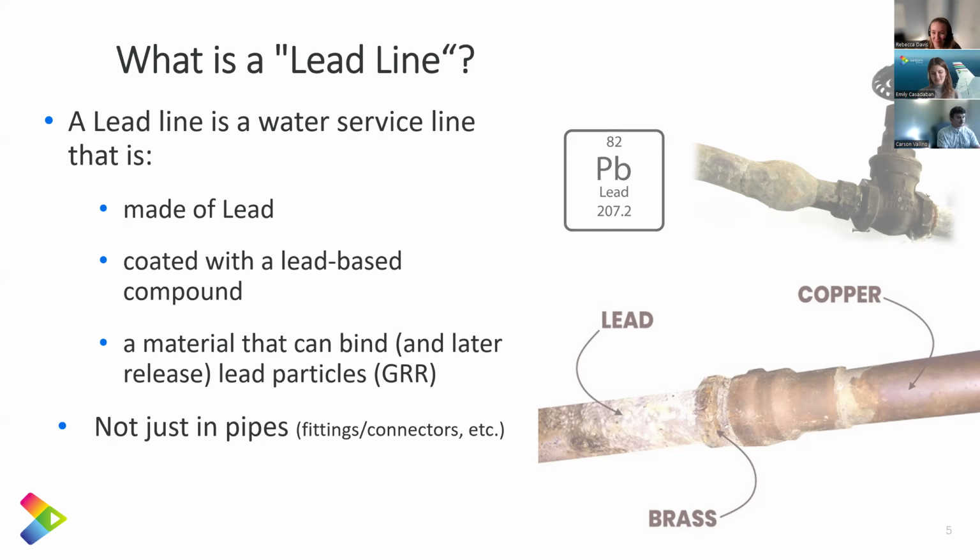So first off, lead is a hazardous heavy material that is not safe for consumption. A lead line, which we've been using for a large number of years until it was outlawed in 1986 through the Safe Drinking Water Act, is a service line that is either made of lead, coated with a lead-based compound, so the interior is coated with lead, or made of a material that can bind to a lead particle, and then as that material breaks down, it releases that lead back into the water supply.